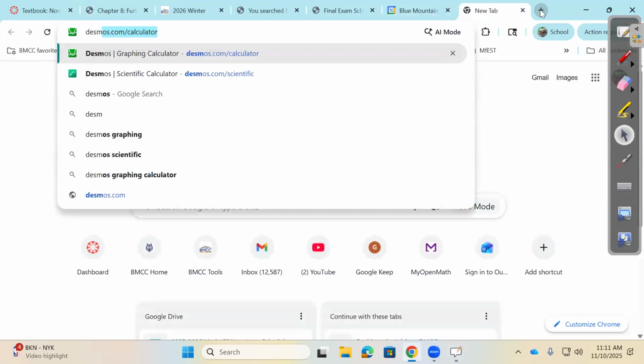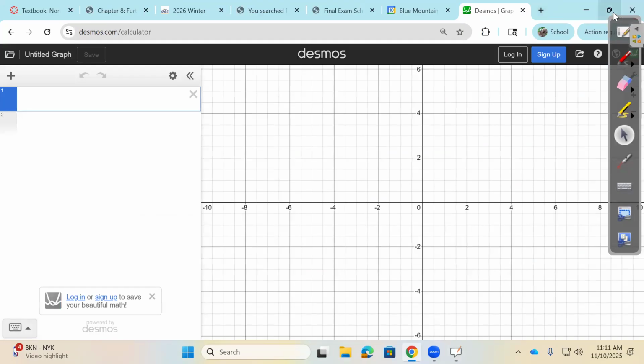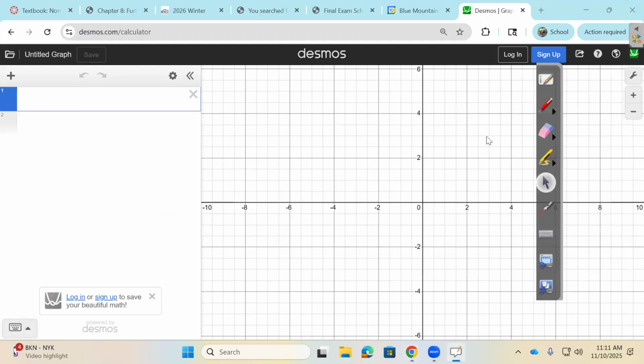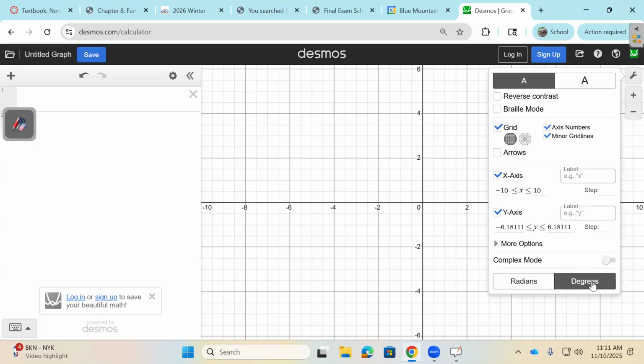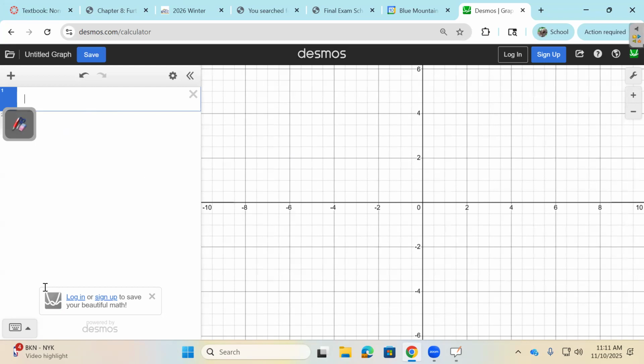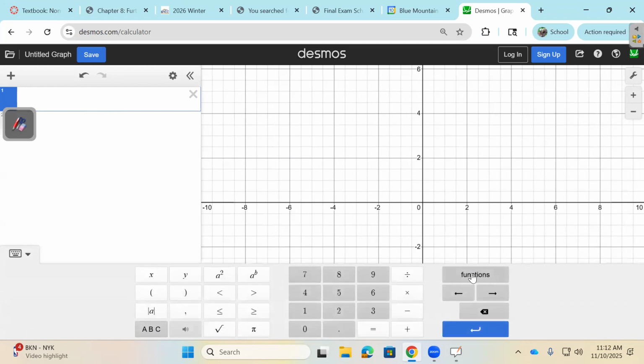Desmos graph. All right, so I'm going to switch the mode here to degrees. And then I want the inverse or arc sine of 242.8 times sine of 43.1, I'll double check that, divided by 280, no, 242. 184.